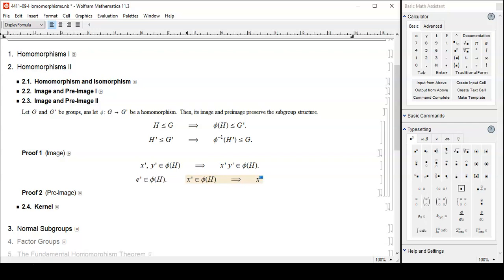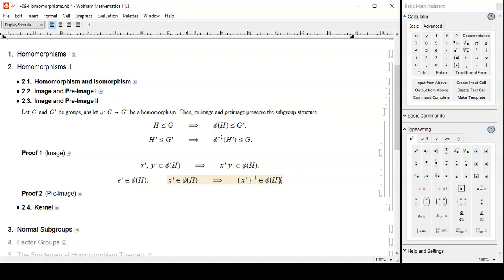Then X prime inverse must belong to phi of H. We have to prove these three: closed under the group operation in G prime, the identity in G prime, so we have E prime, and then the inverse. That's what we have to prove.